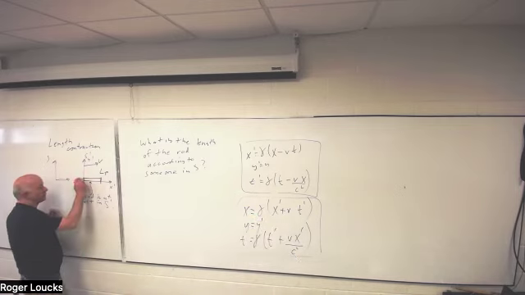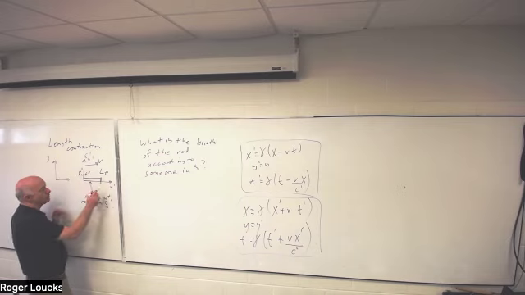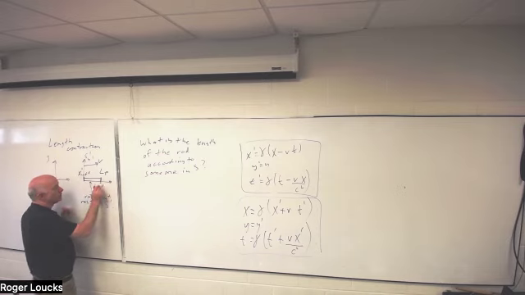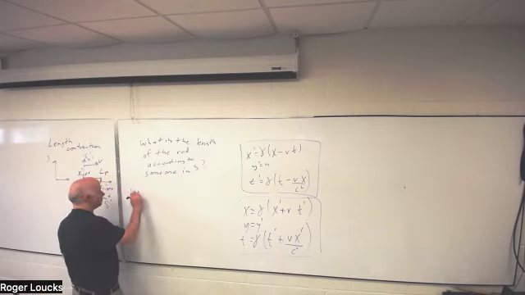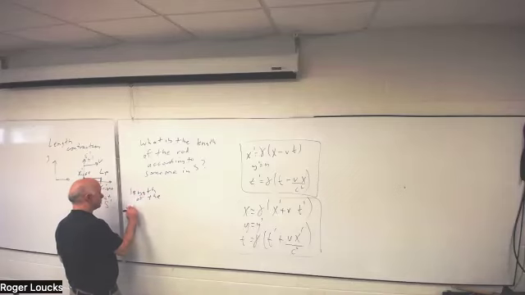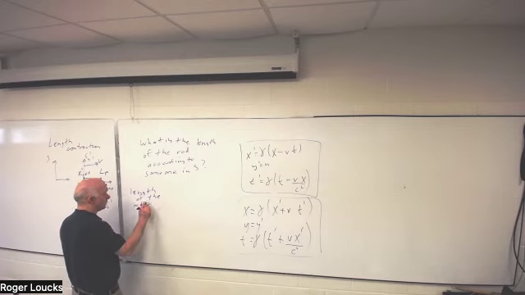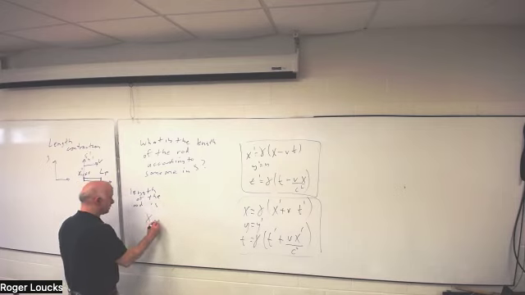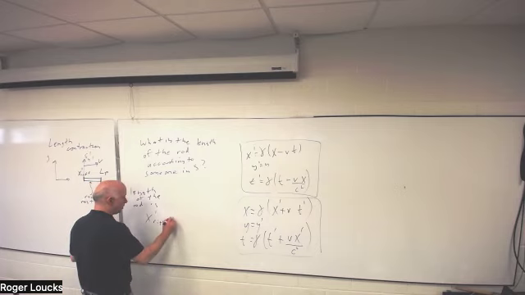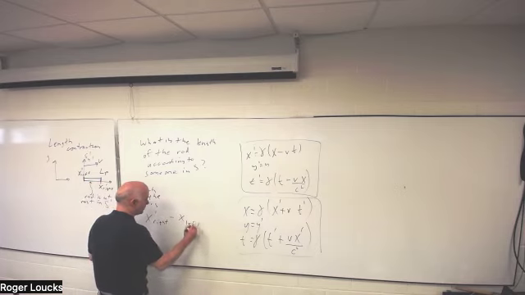So this is going to be my left end. Call that x left prime. I'll call this my right end. This is x right prime. And what I'm going to do is say the length of the rod is going to be my x right prime minus my x left prime.